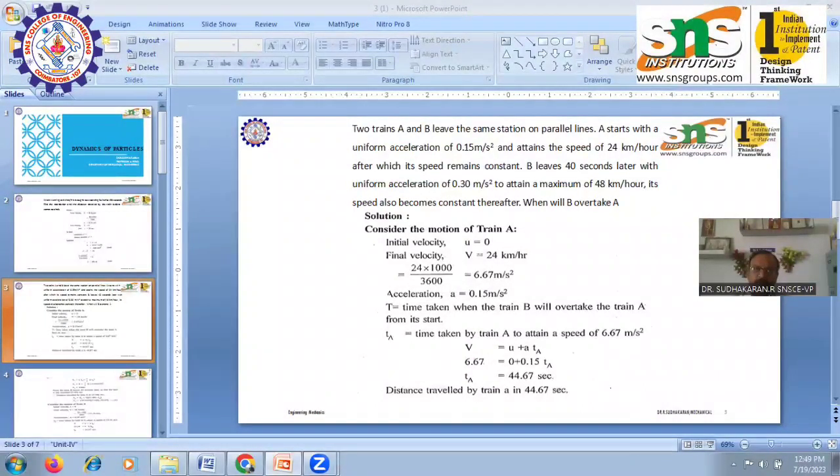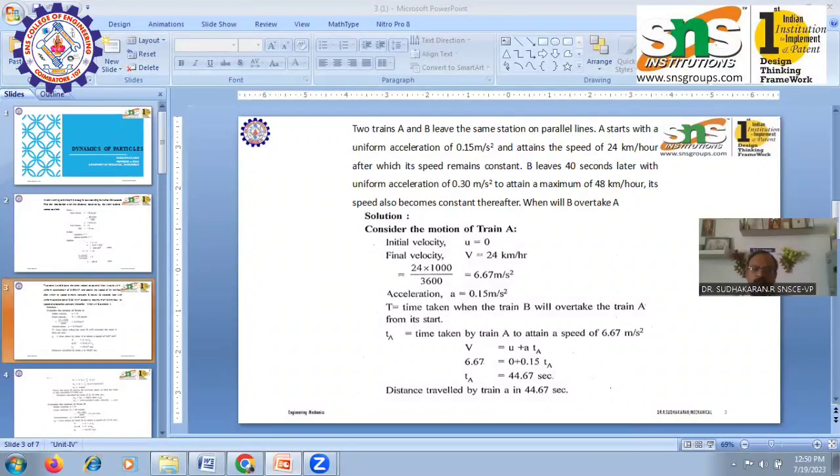Whereas train B leaves 40 seconds after train A has left, but it goes with a uniform acceleration of 0.3 meter per second square, and it reaches a maximum velocity of 48 kilometer per hour. After that, the speed of train B also remains constant. Now, the case for this problem is, when will train B overtake train A?